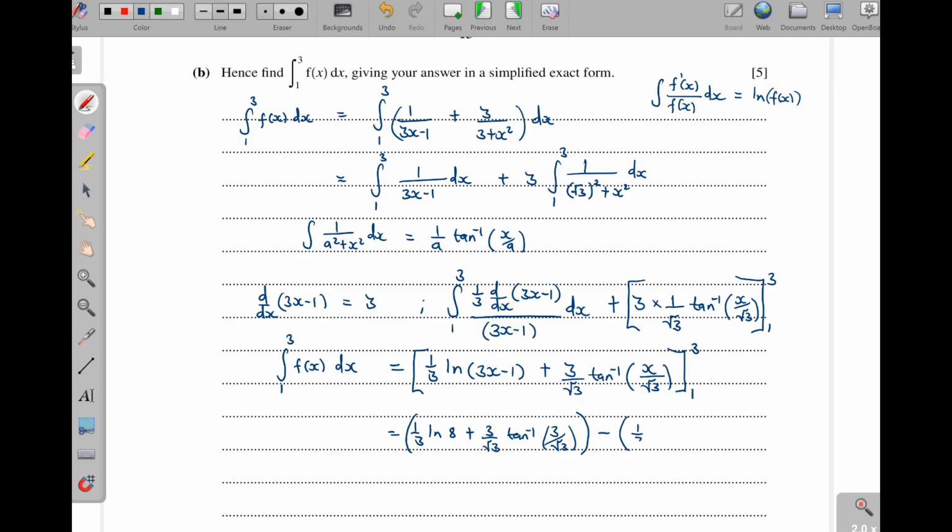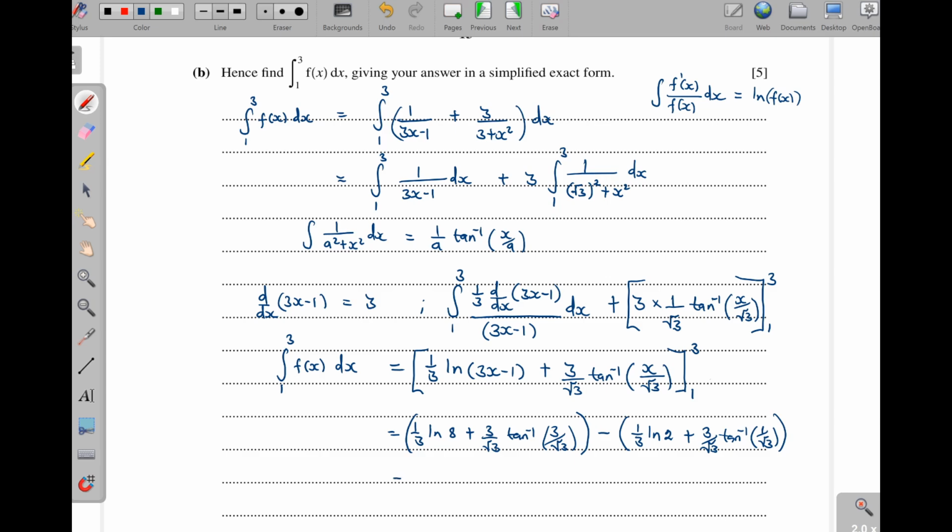We shall get a third, then the natural log of 3 minus 1, you get a 2. And then plus 3 out of the square root of 3, and then the arctan of x out of the square root of 3, but x is 1, like that.